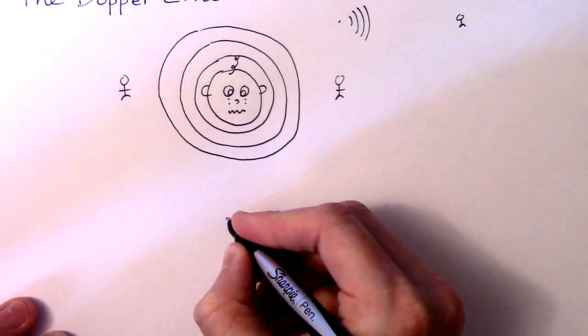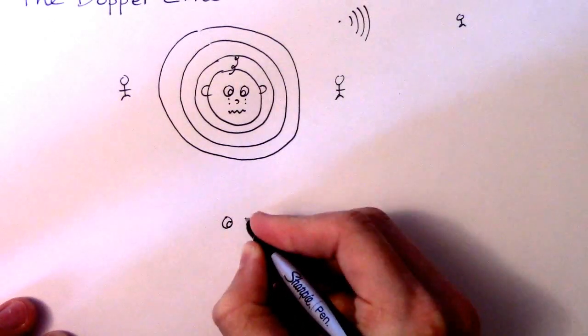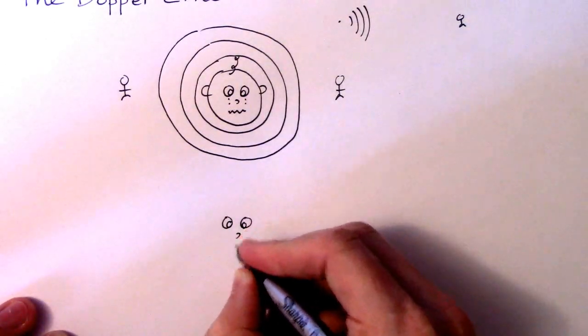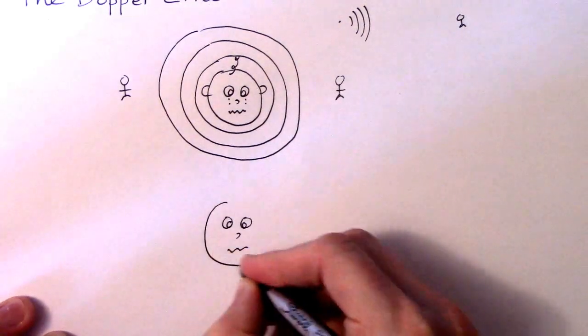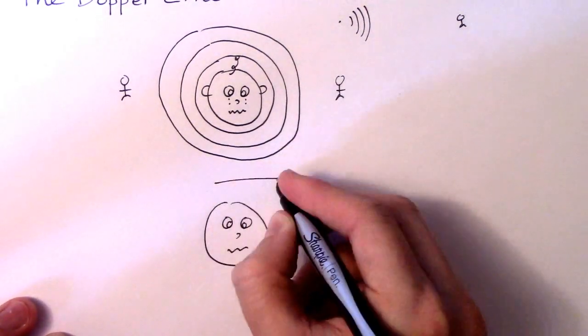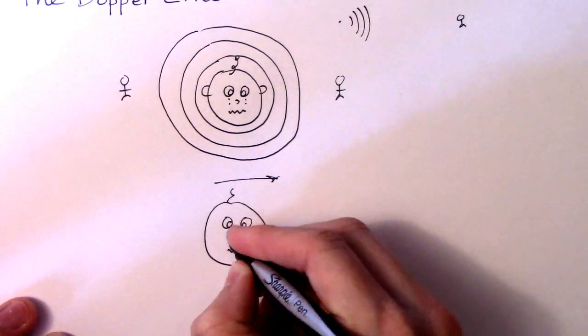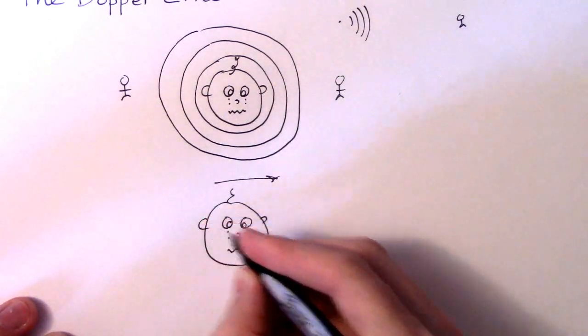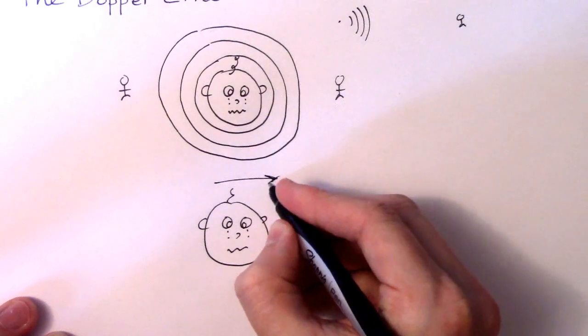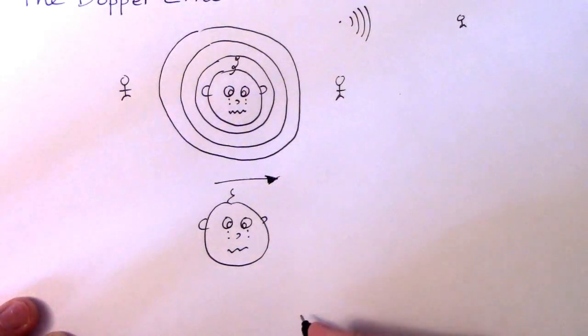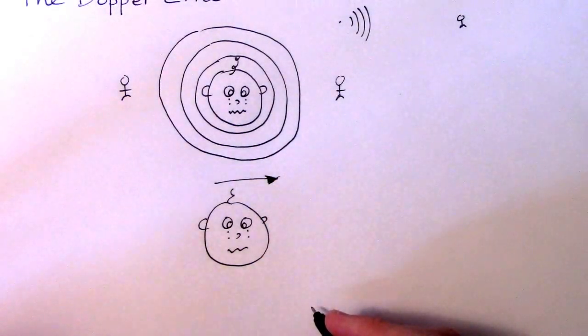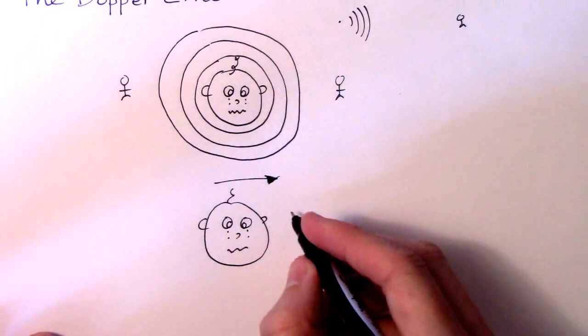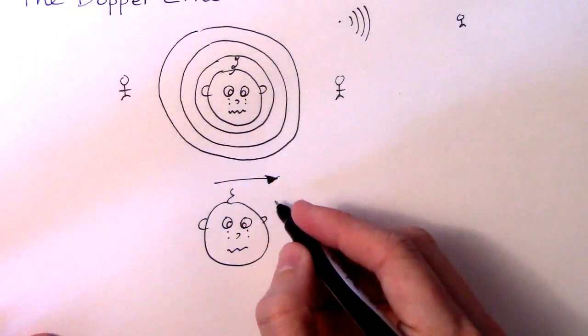Now, if I get that baby, like my baby does to me, as soon as he starts crying, he runs away from me. So if I have that same baby, and he is moving in this direction, he's still wailing his head off, but he's moving in this direction. Those sound waves, as he moves, take on more of an oval shape, and I'll show you what I mean.